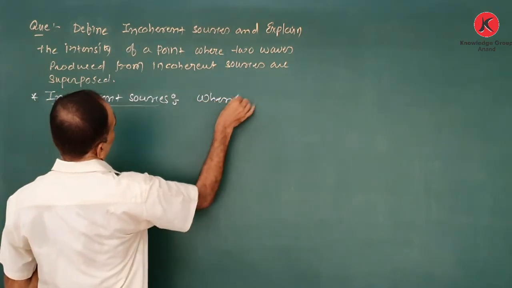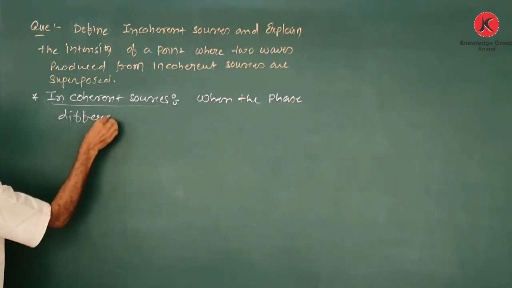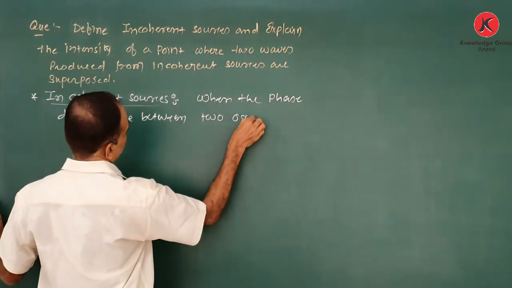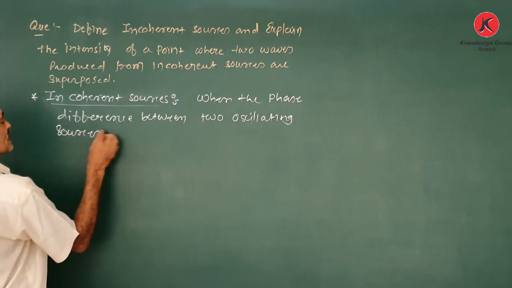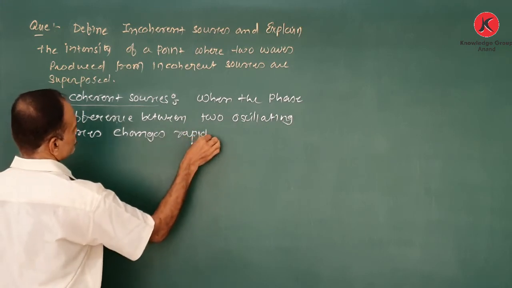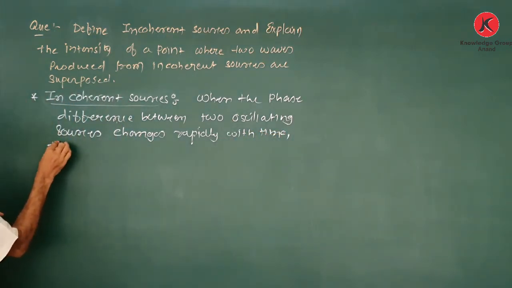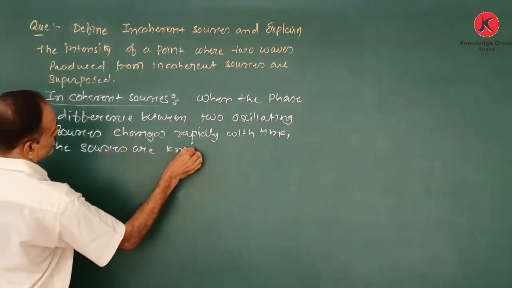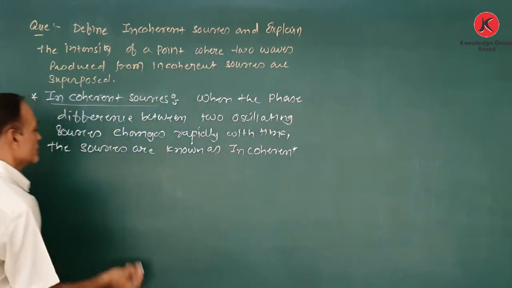When the phase difference between two oscillating sources changes rapidly with time, the sources are known as incoherent sources.